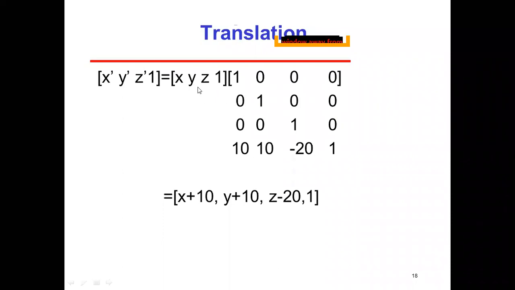Then multiply these two in the form of x, y, z, and you will get x plus 10, y plus 10, z minus 20 and 1. So this is the new one. Now we have very little time, because the Zoom time is very short, only 40 minutes.